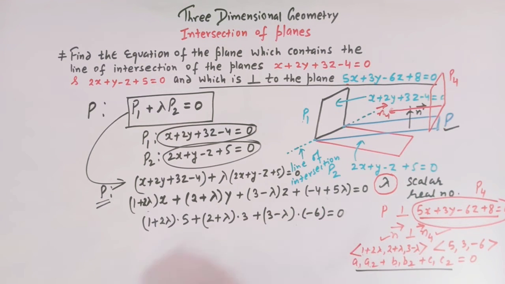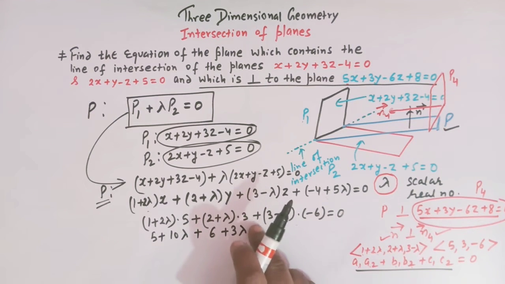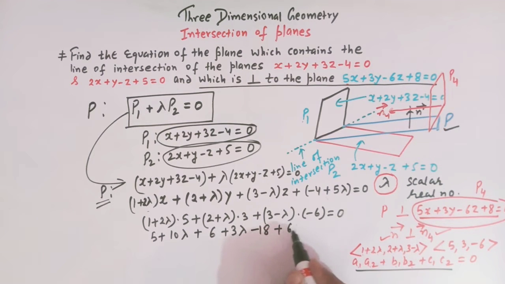And that is equal to 0. So now we have an equation in terms of lambda, so we can simplify it. So we have 5 plus 10 lambda, then we have 6 plus 3 lambda, then we have here minus 18 plus 6 lambda is equal to 0, right?